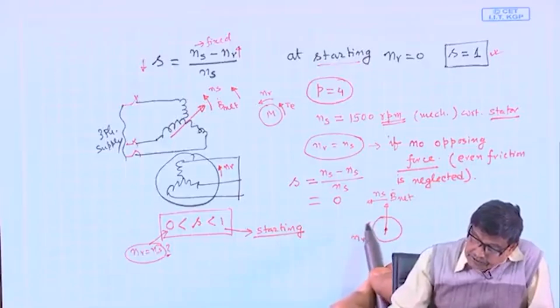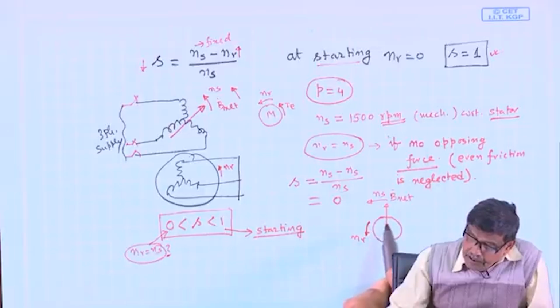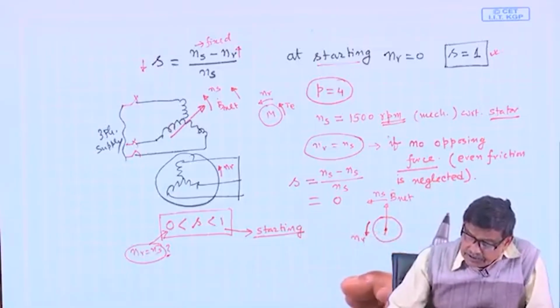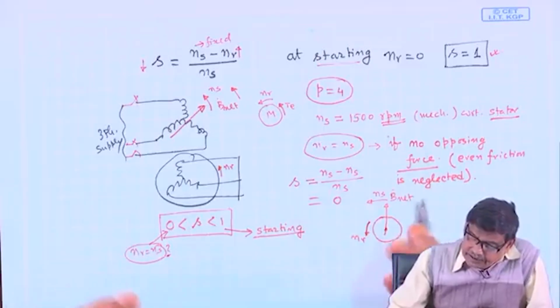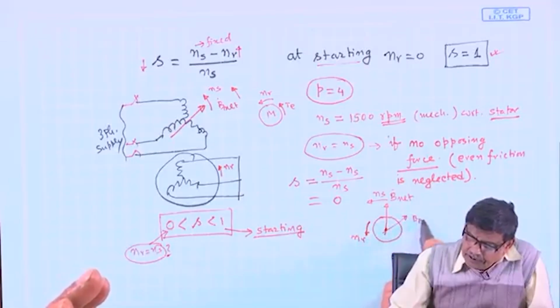But the point is it is moving, and slip value is decreasing, induced voltage decreases, current decreases, but so long as current is there, there will be BR and there will be a definite delta.